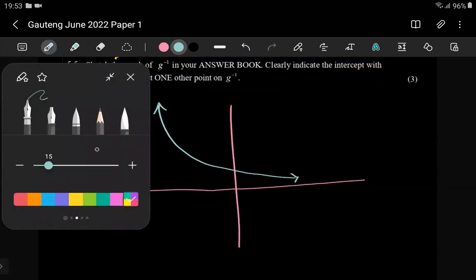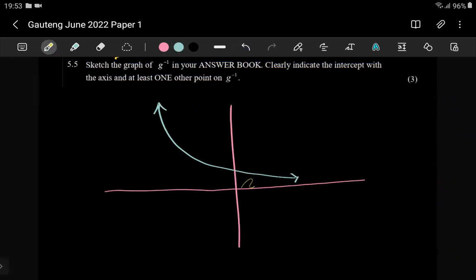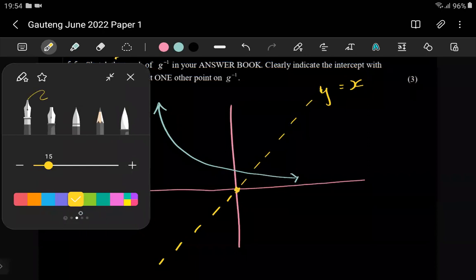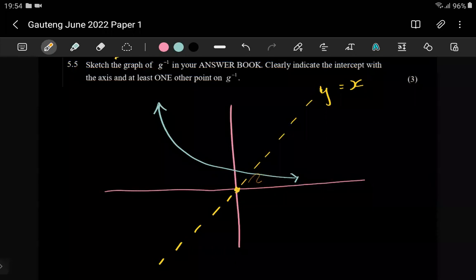Now, for you to draw the inverse, all you need is the line of inverse. Remember, the line of inverse is the line y is equal to x, and it's this line over here. So as long as you have this line y is equal to x, which you should draw out when you draw the inverse of the graph, drawing the inverse of your original graph should not be a hassle, because you have to remember that your inverse is a reflection about this line.